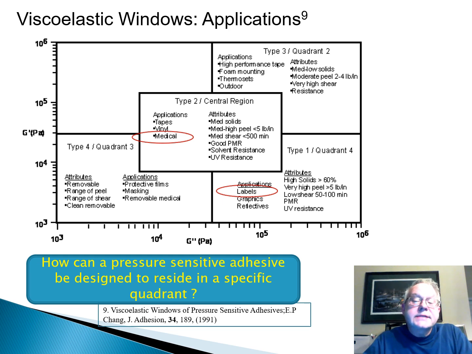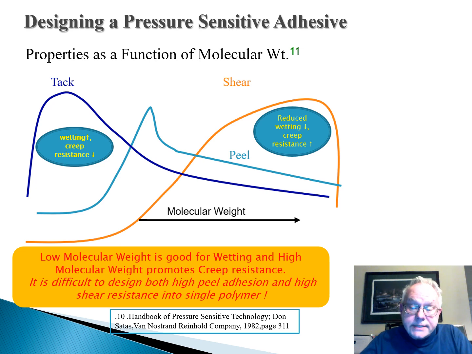But you may ask, how can a pressure sensitive adhesive be designed to reside in a specific quadrant? You can design a pressure sensitive adhesive to fit in a certain quadrant by controlling parameters such as the polymer's glass transition temperature, its molecular weight, and molecular weight distribution.